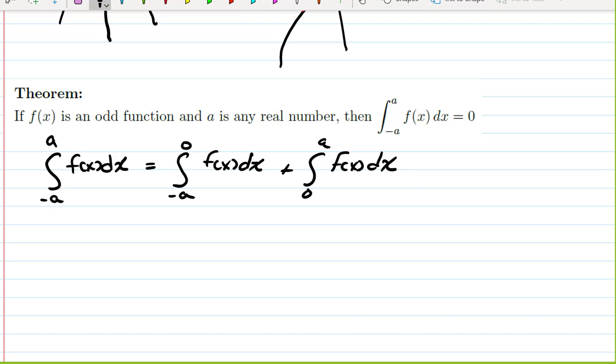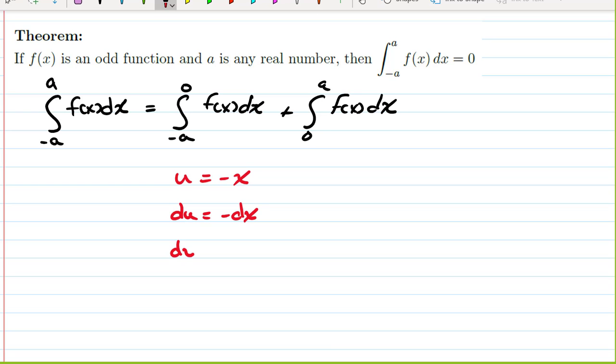And now, if I make a u-substitution, if I let u equal to negative x, then du is equal to negative dx, or dx is equal to negative du.